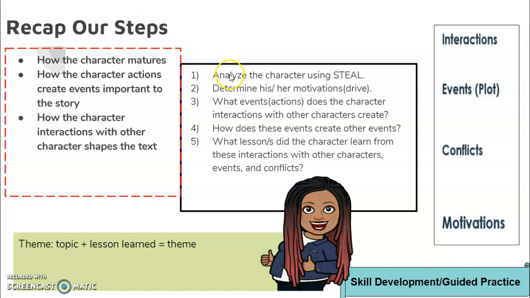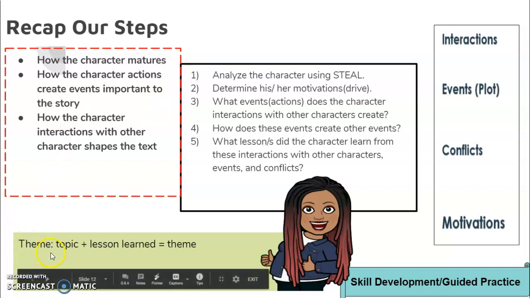What do we analyze using? STILL. What else? We determine the motivations of the characters. We looked at the events. We also looked at how these events created new events. And then we learned the lessons from our characters, and we know that those lessons are themes. A topic that we saw in the text plus the lesson learned equals our theme.